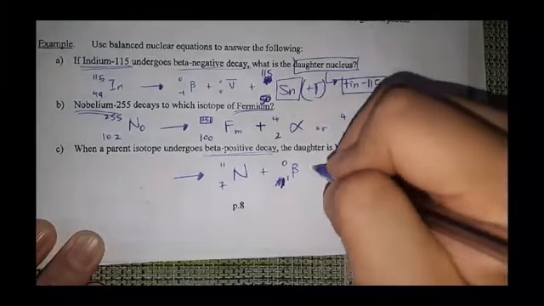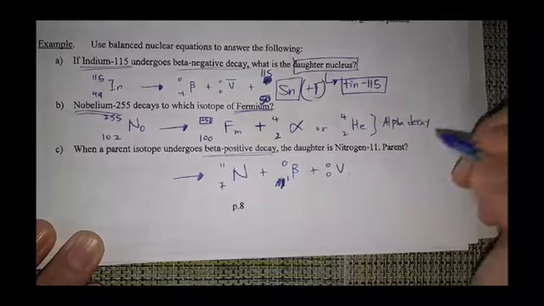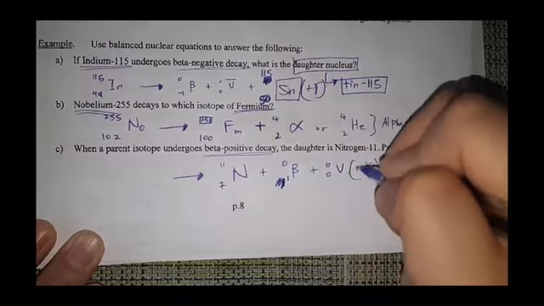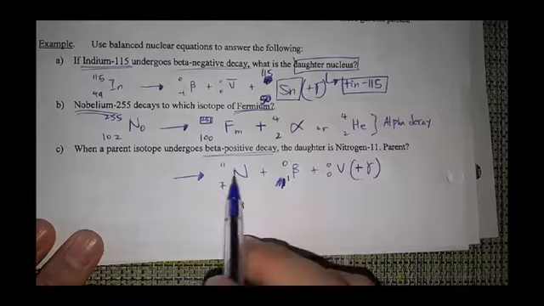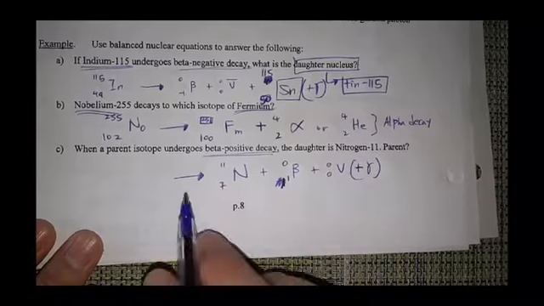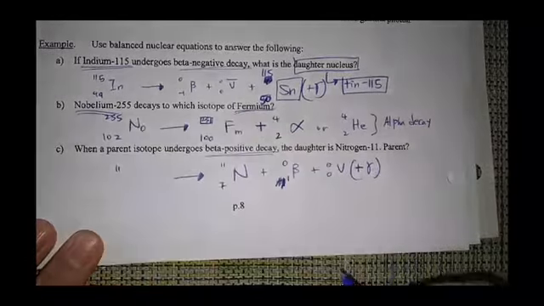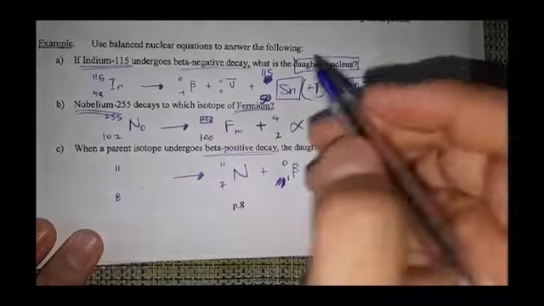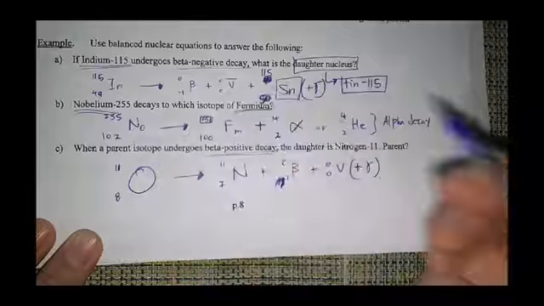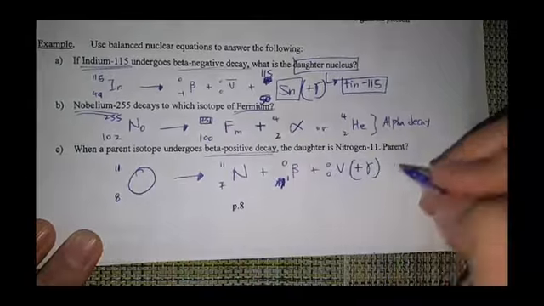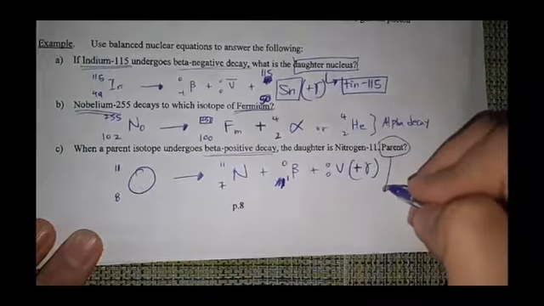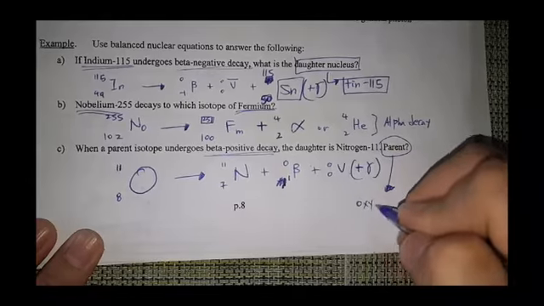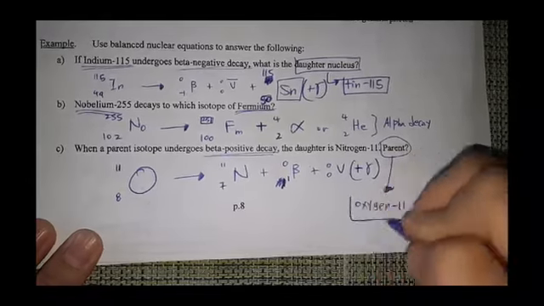That's beta positive. Plus neutrino. Plus gamma radiation. That's what we have. Now, we just need to add the bottom numbers and top numbers. Top number is 11. Bottom number is 8. So that's just one more right of nitrogen, which is oxygen. So my parent nucleus turned out to be oxygen-11.